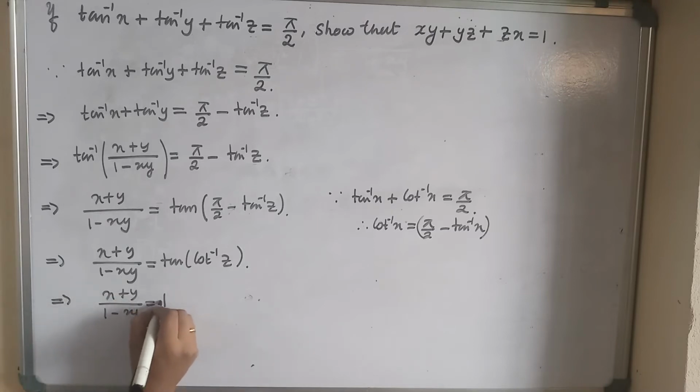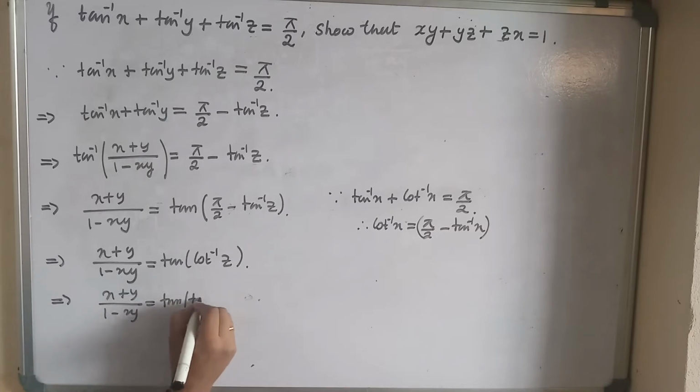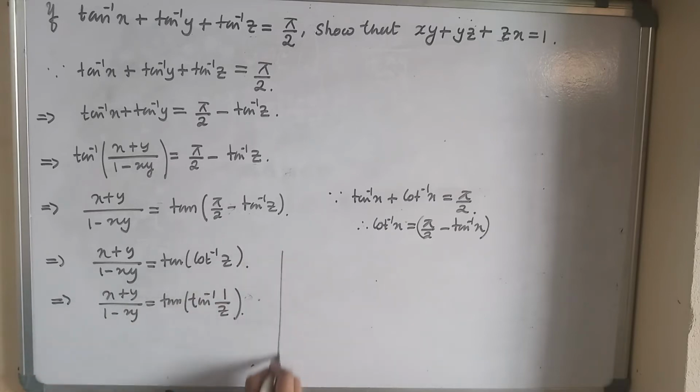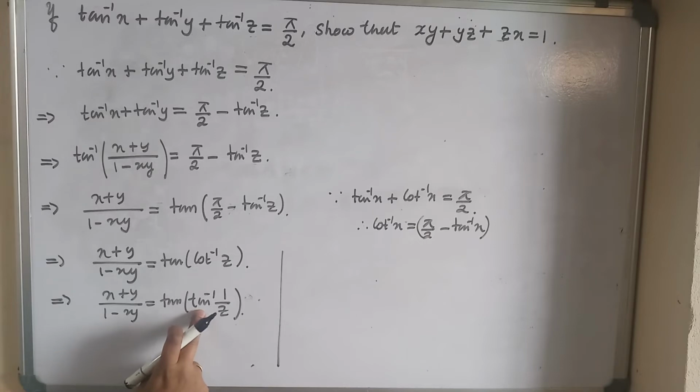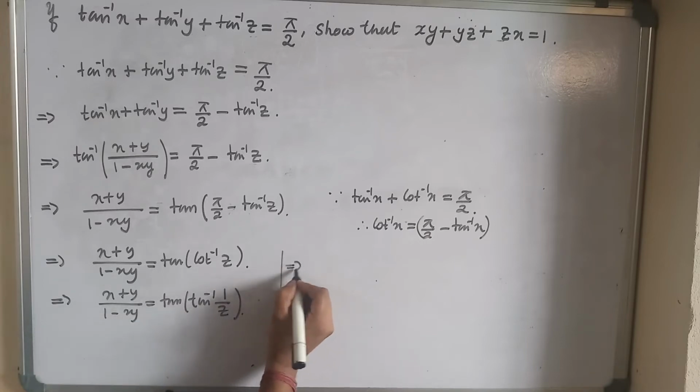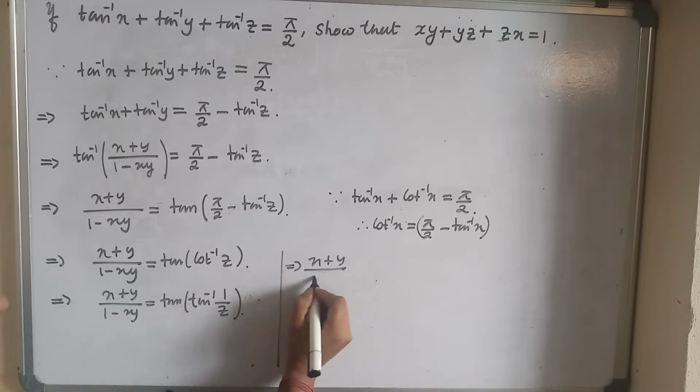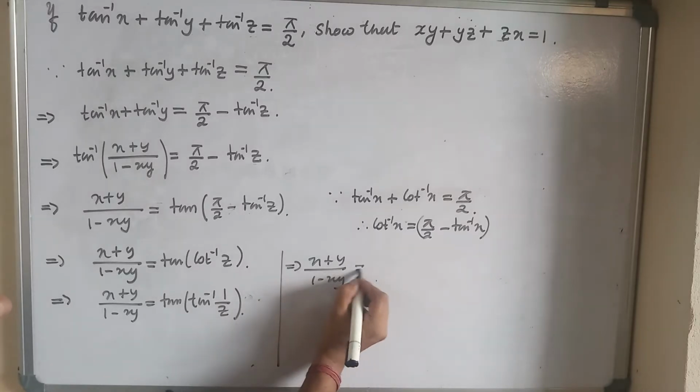The reciprocal of cot is tan, so in the case of inverse circular functions we can write cot inverse z as tan inverse 1 by z. Tan of tan inverse 1 by z gives x plus y over 1 minus xy equals 1 by z.